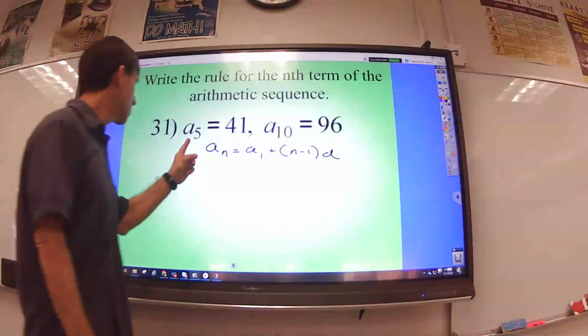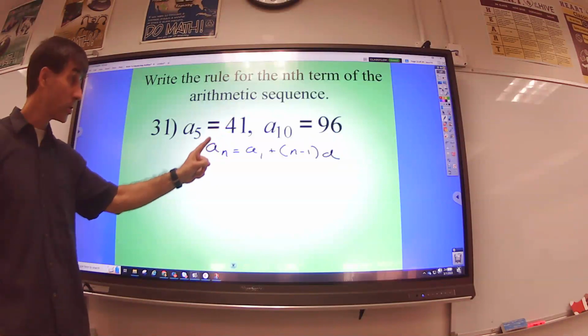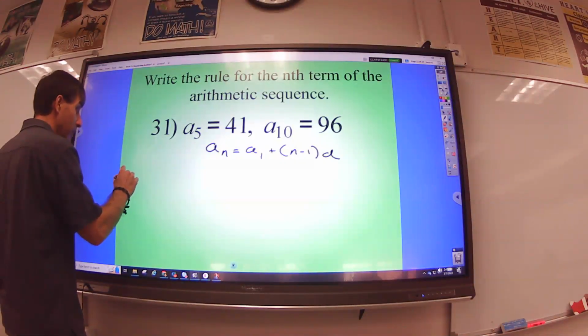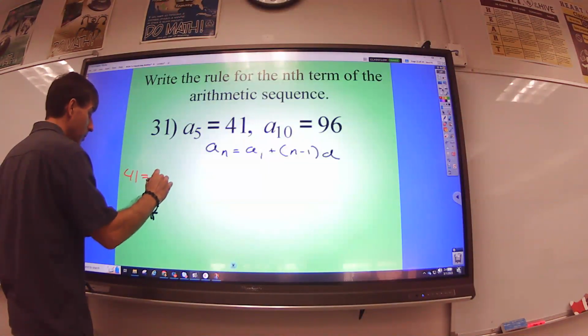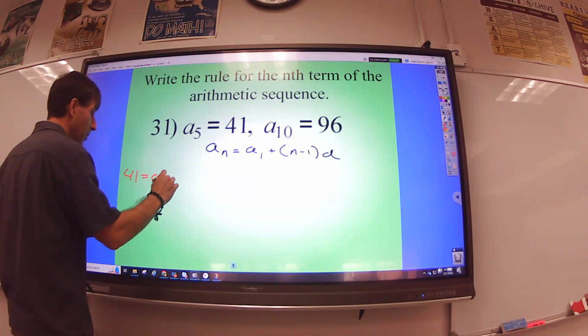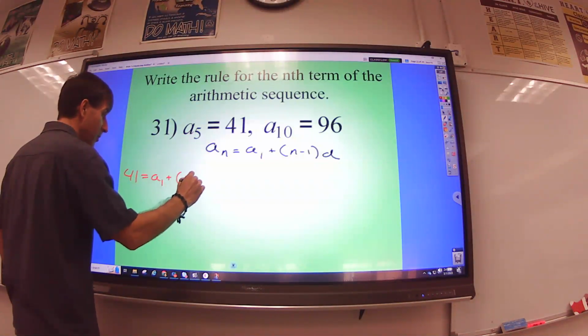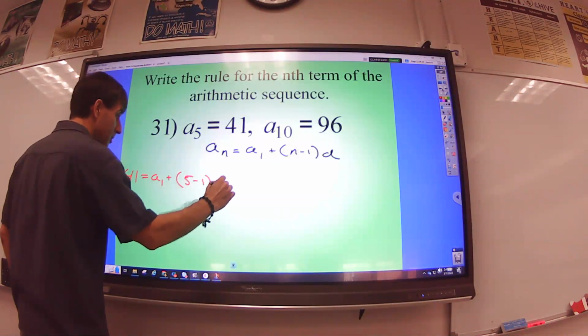The first one, I'm given the fifth term, which is 41. So I'm going to take this formula, and instead of a sub n, I'm going to write 41 equals a sub 1 plus, now this is my n, 5 minus 1 times the common difference d.